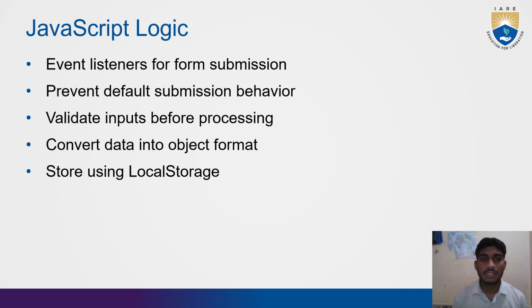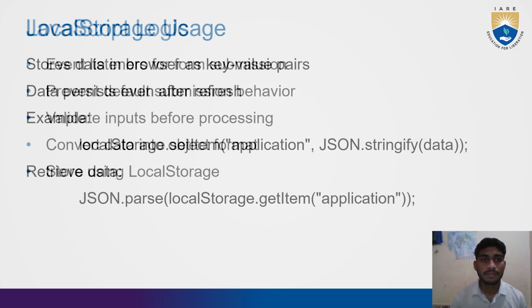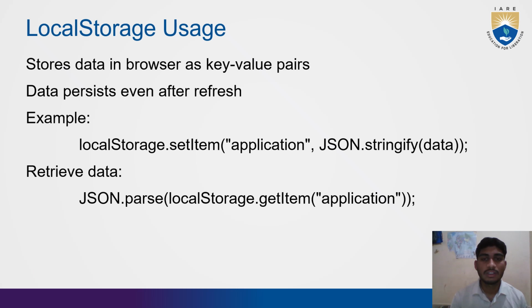Which means the JavaScript logic mainly contains event listeners for form submission, preventing default submission behavior, validating inputs before processing, converting data into object format, and storing using local storage.